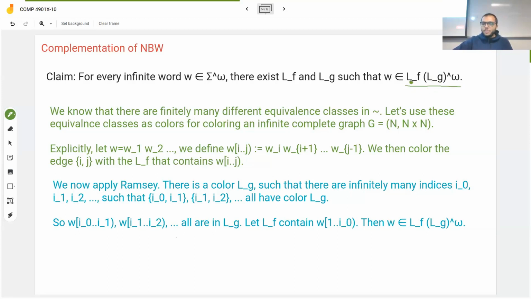So this means that basically W can be written as V1, V2, V3, and so on, such that V1 is in L of F, and all the other ones, V2, V3, and so on, are in L of G. That's the claim.